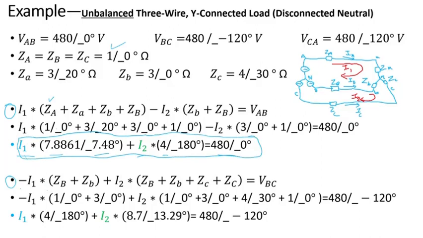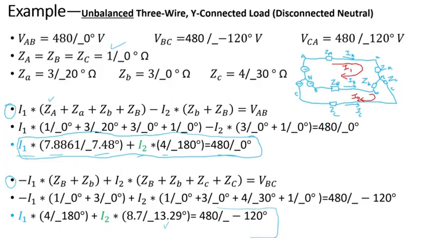If I do the same thing for equation 2 and carry out the calculation, I get I1 times 4 with an angle of 180 degrees plus I2 times 8.7 with an angle of 13.29 degrees equals 480 with an angle of negative 120 degrees. So that is my second equation.